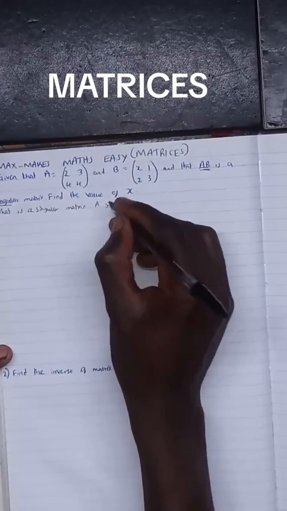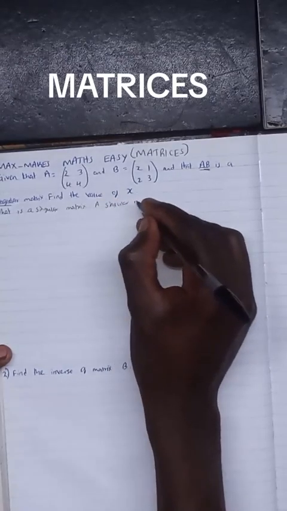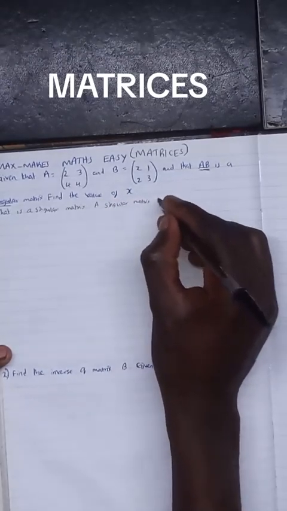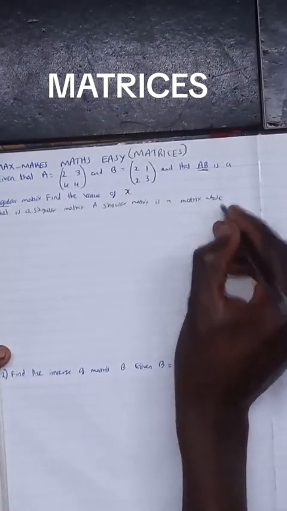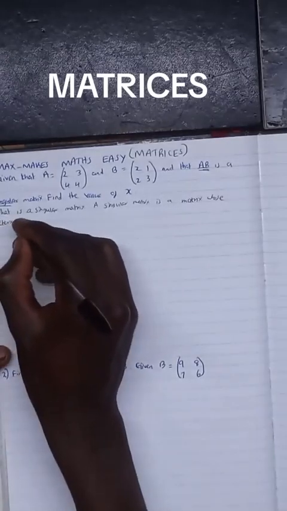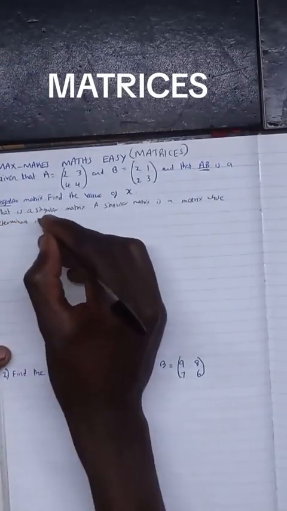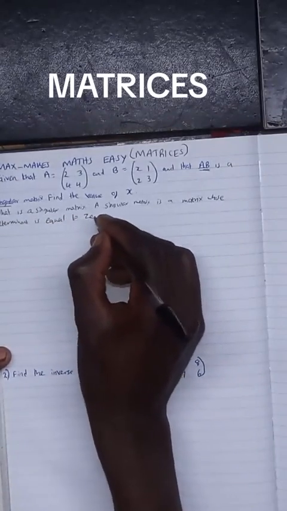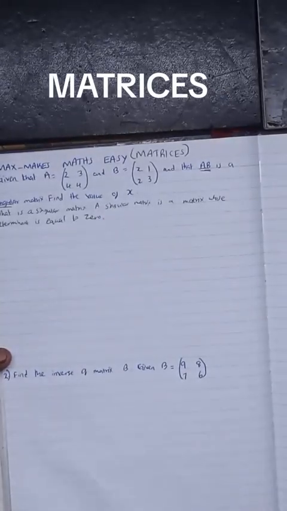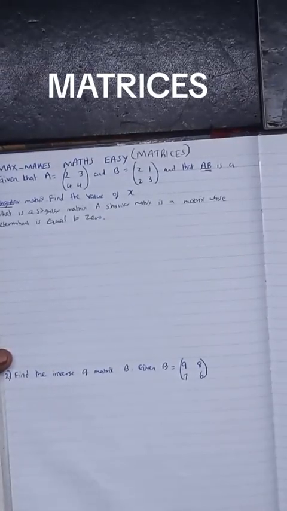A singular matrix is a matrix whose determinant is equal to 0. I hope you know how to find a determinant of a certain matrix.